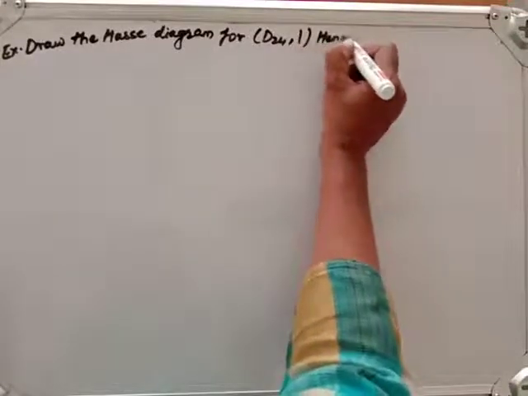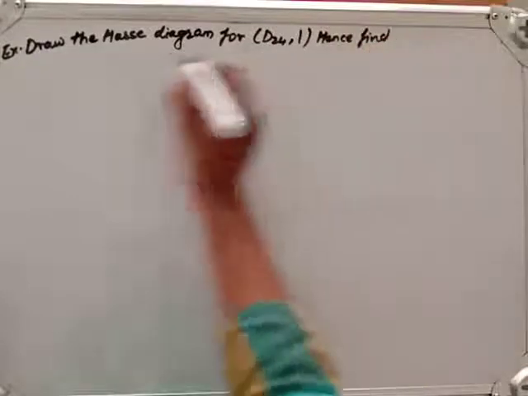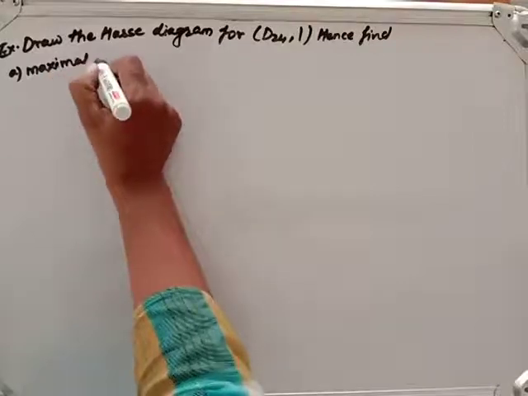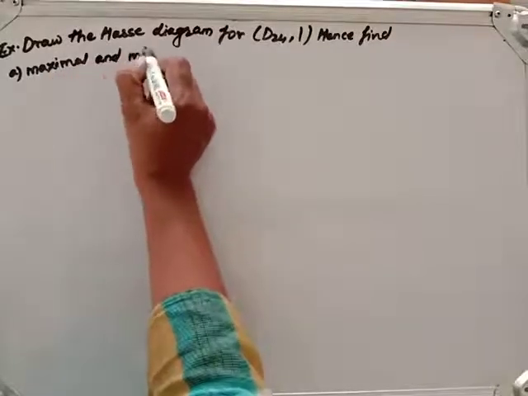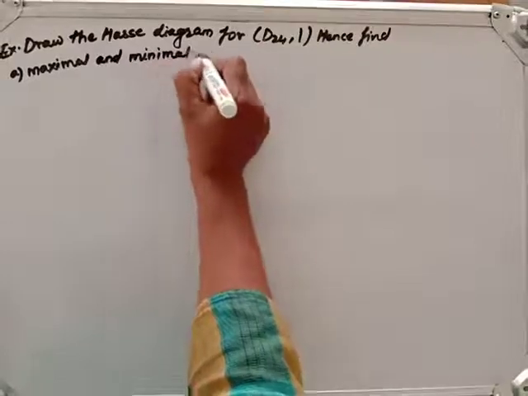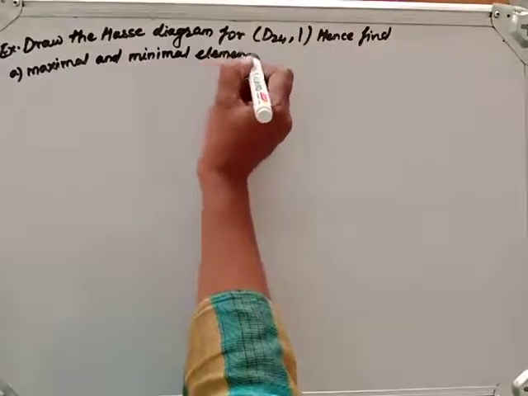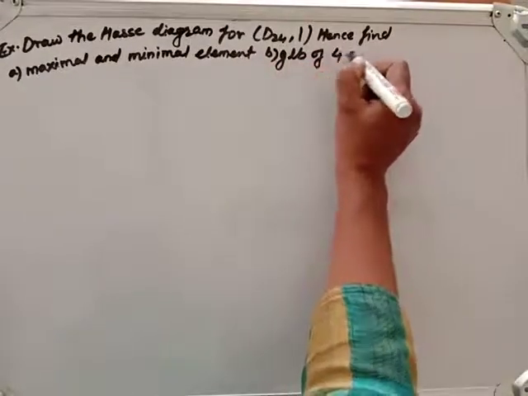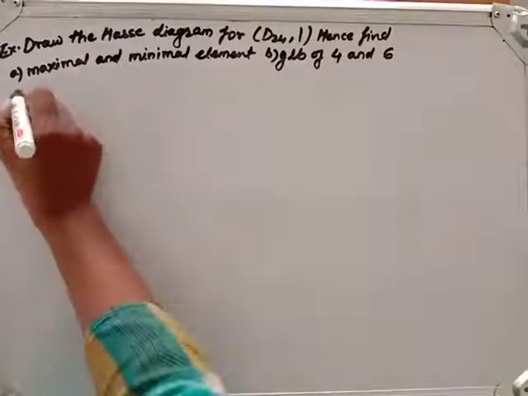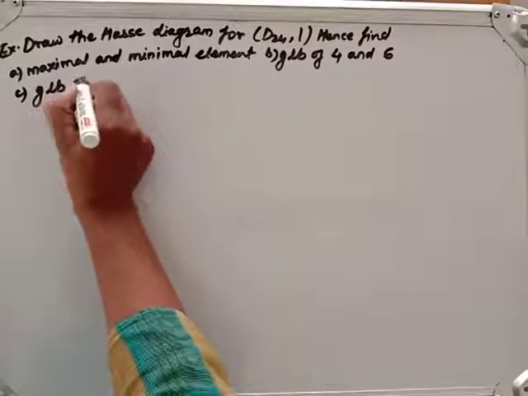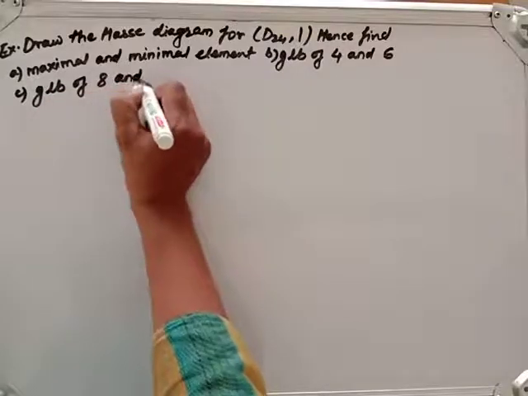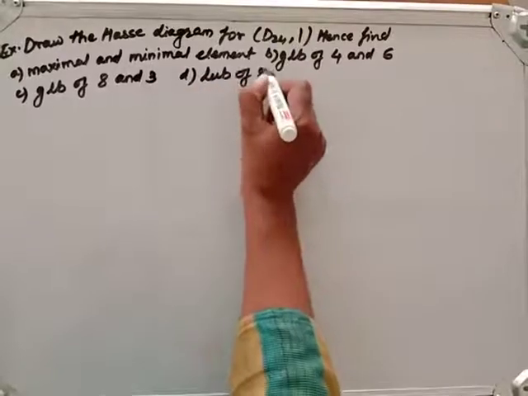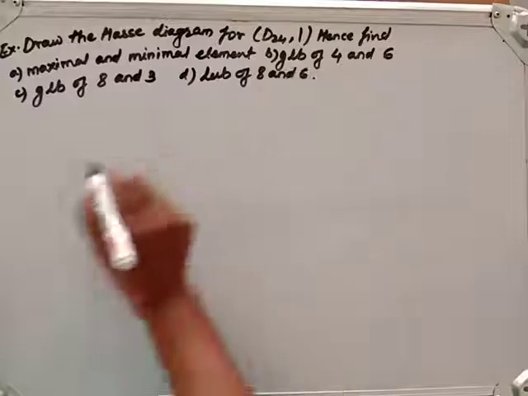Hence, find first the maximal and minimal elements. Then second part, the greatest lower bound of 4 and 6. Then third part, the greatest lower bound of 8 and 3. Then next part, the least upper bound of 8 and 6. These we have to find.